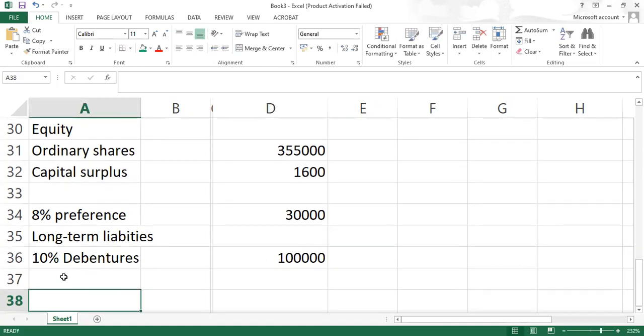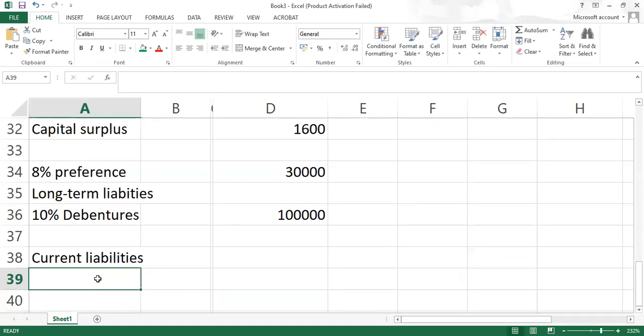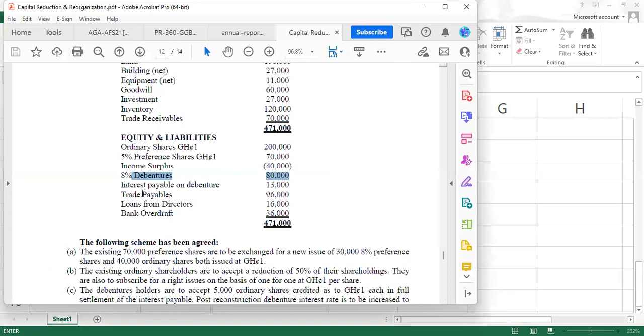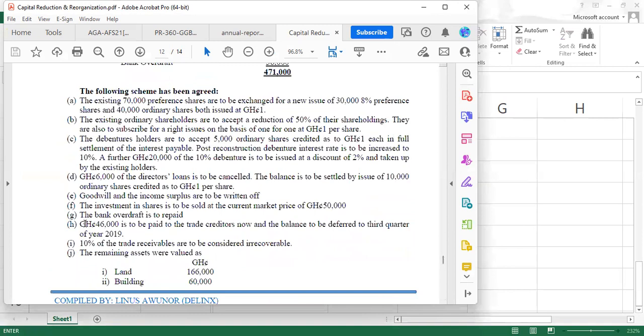When we come to current liabilities, what do we have? We have only trade payables. 96,000 was paid now.